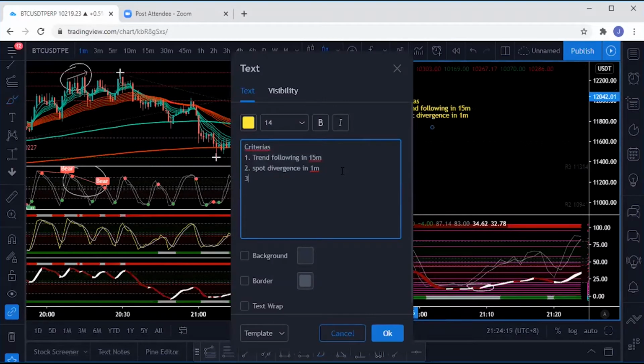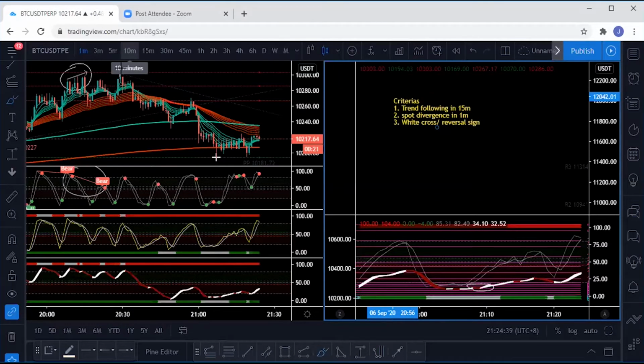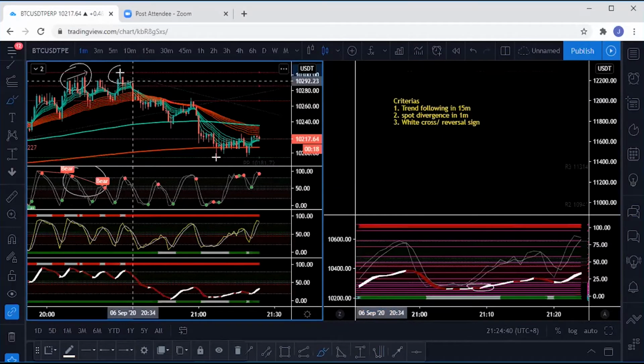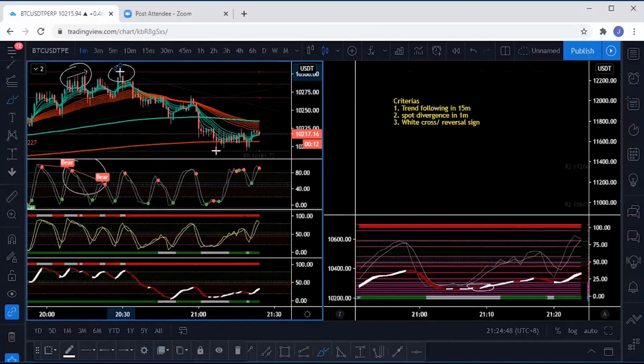Third is to find our white cross for our reversal sign. Okay, we already found our cross. So third criteria, check. It is here. And then what to spot next?